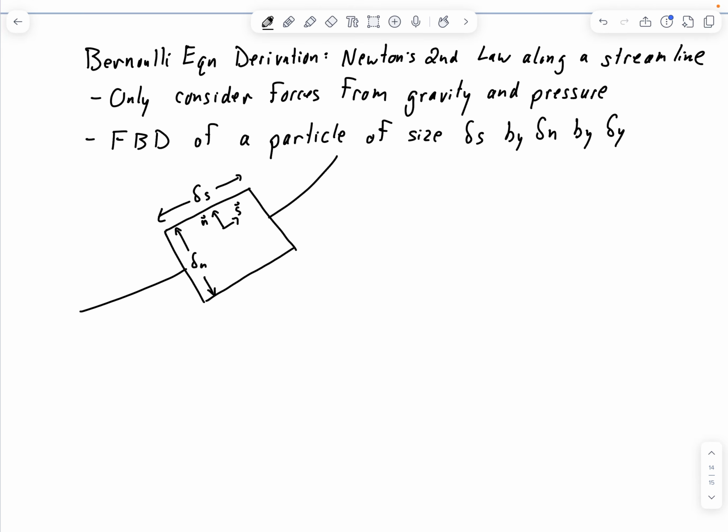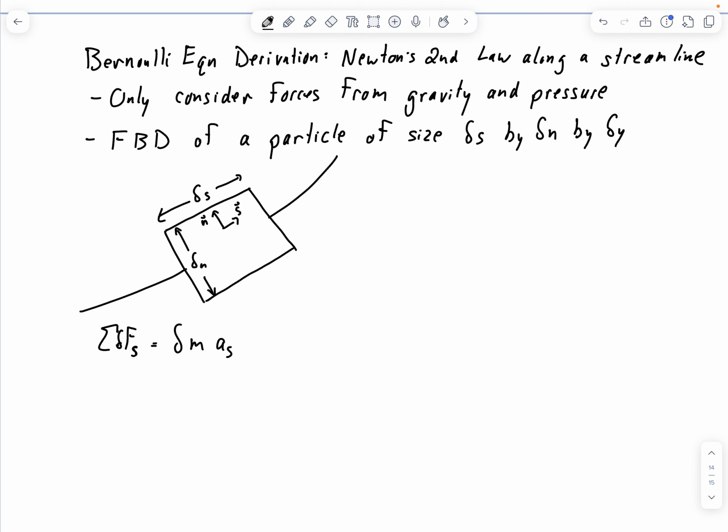So if we're doing our free body diagram and applying Newton's second law, then we're going to basically sum up all of our differential forces along the direction of the streamline, summation of delta F sub S, and say that that is equal to delta M, our differential mass, times the acceleration along the streamline.